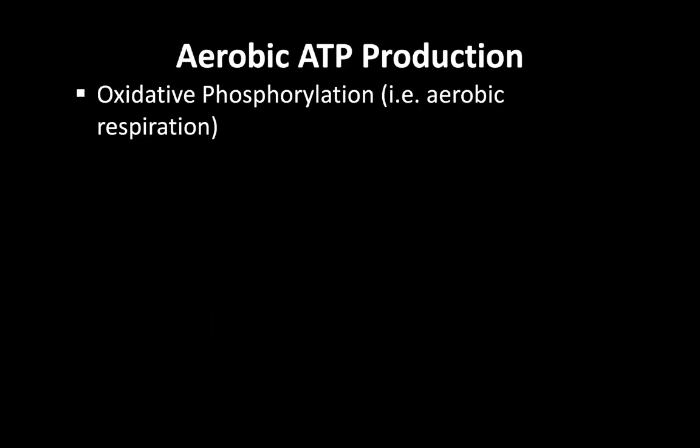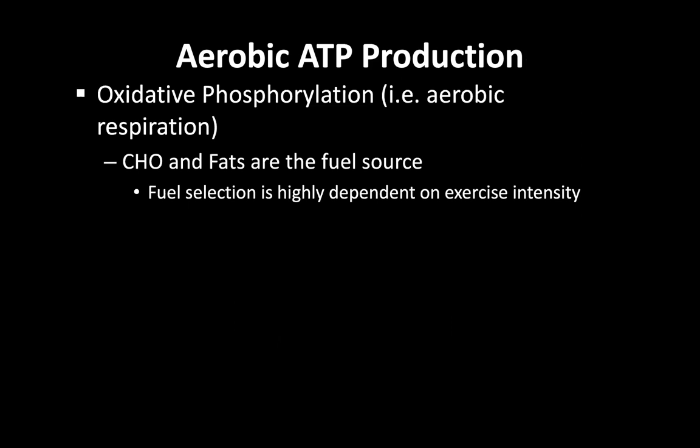And finally, when we start talking the last energy pathway, which is the utilization of oxygen to create ATP, it is through oxidative phosphorylation. This is the primary pathway that you create energy for aerobic endurance.